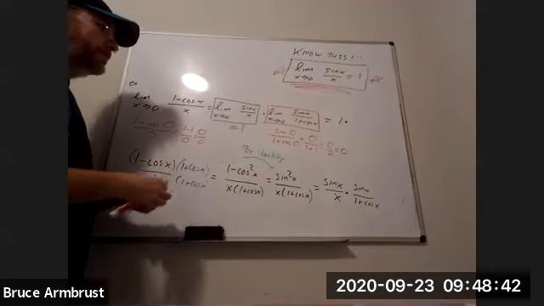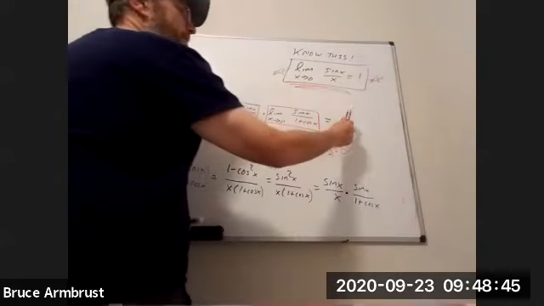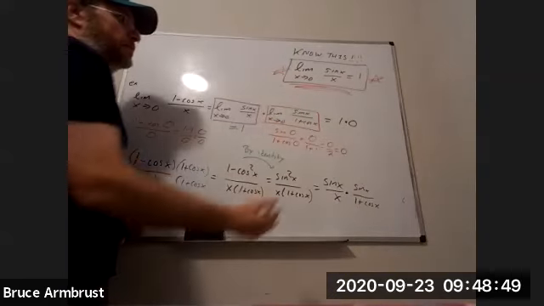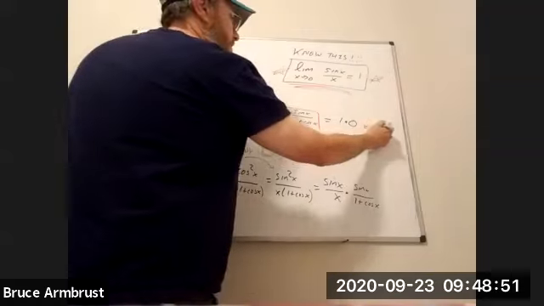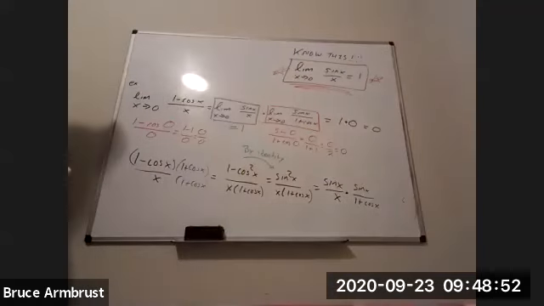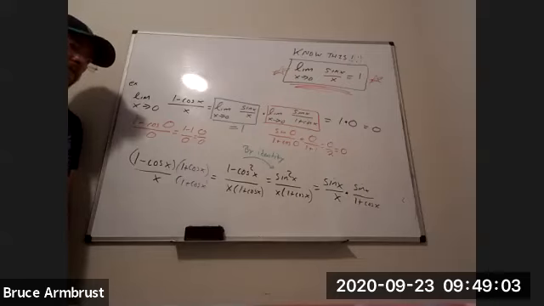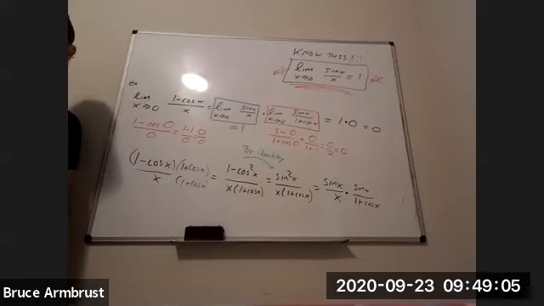So that first limit was 1. The second limit is 0. So we multiply those together, and we get 0. So this function, 1 minus cosine of x over x, as we get closer and closer to 0, gets closer and closer to 0.